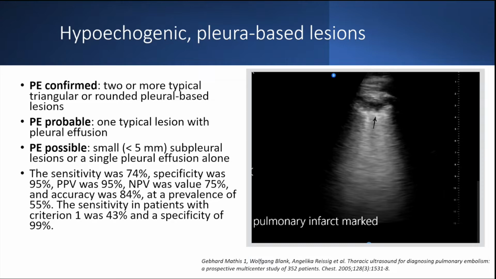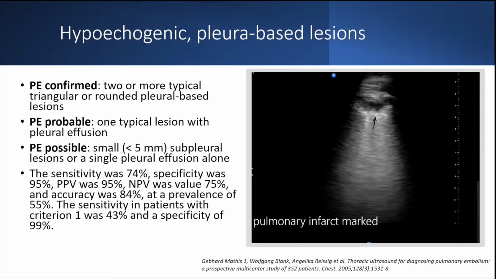It's probable PE if one typical lesion was found with pleural effusion, and it could be possible PE if a small, less than 5 mm subpleural lesion or a single pleural effusion alone was found. The study found that by using these criteria, the sensitivity was 74% with a specificity of 95% in diagnosing PE.